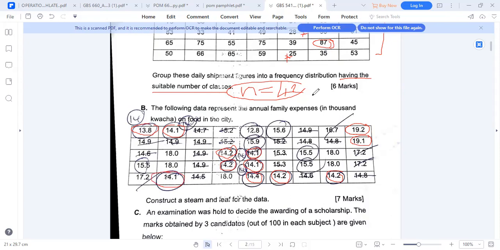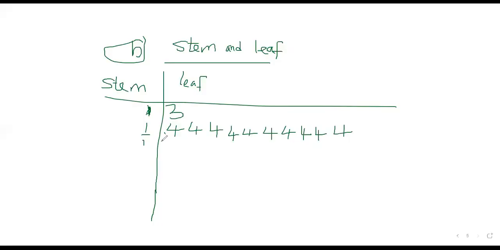Then 15, they were 18. So if you count manually here, the 15, they were 18.